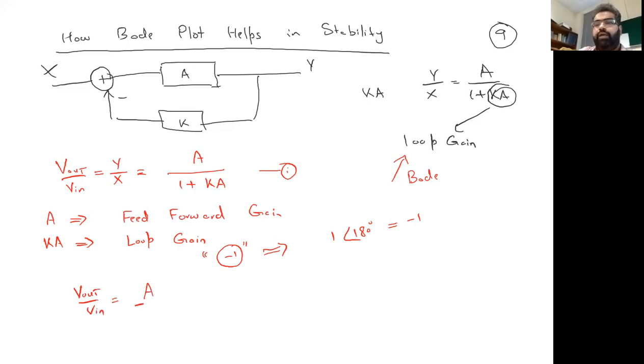A divided by 1 plus -1 equals 1 over 0. What will be the output? Infinity. That makes the system unstable, and that makes the system oscillate. Any angle bigger than 180 degree will do this. That makes my system unstable, and that's what I don't want my system to have.